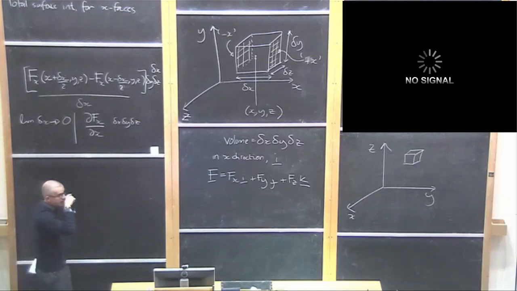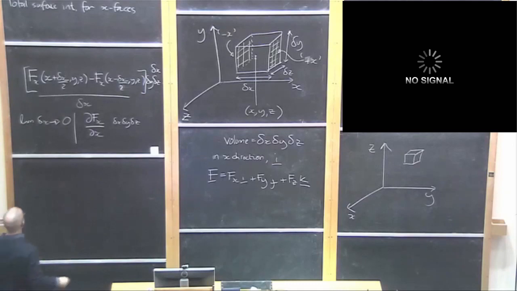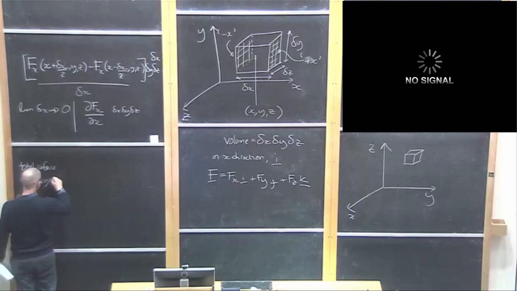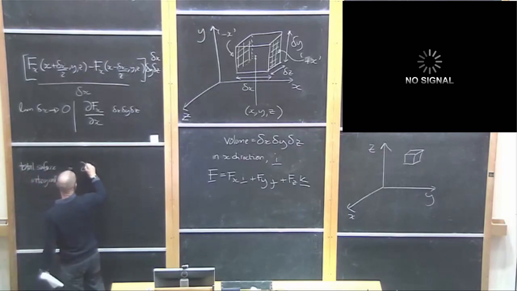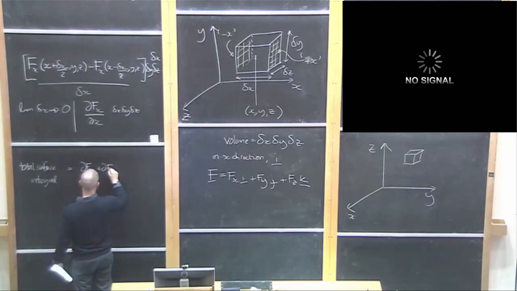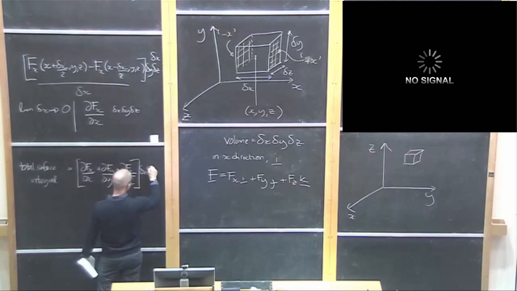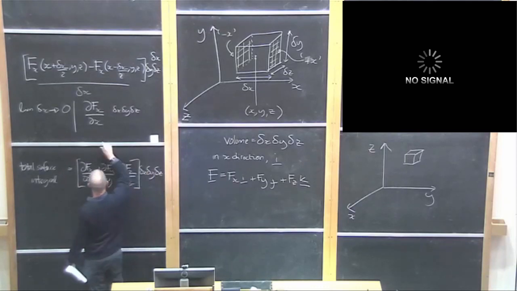So we can do the same thing for the plus and minus y sides and the plus and minus z sides, and then we find that our total surface integral for all 6 sides equals dfx by dx plus dfy by dy plus dfz by dz, all times the volume of the cube, delta x, delta y, delta z.